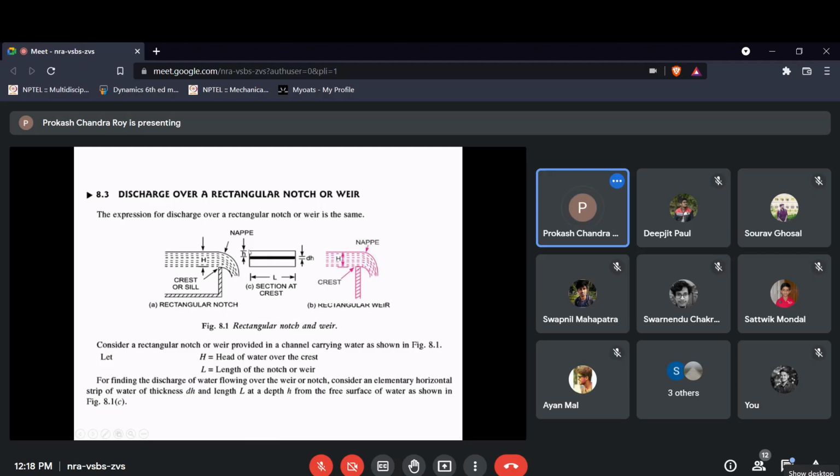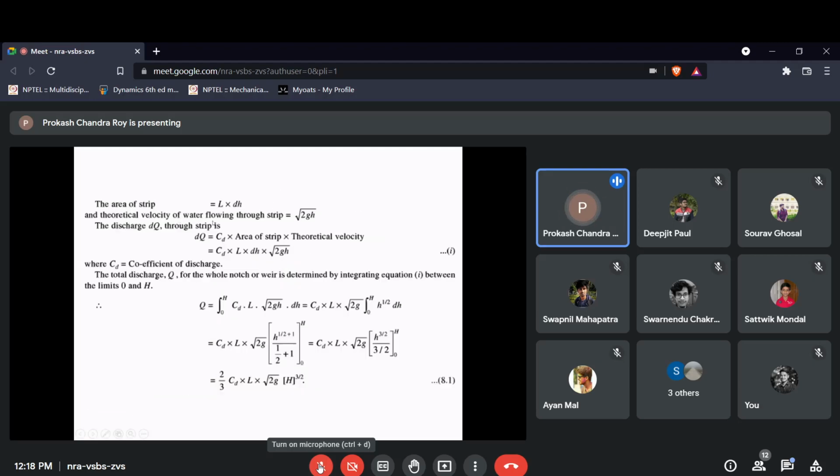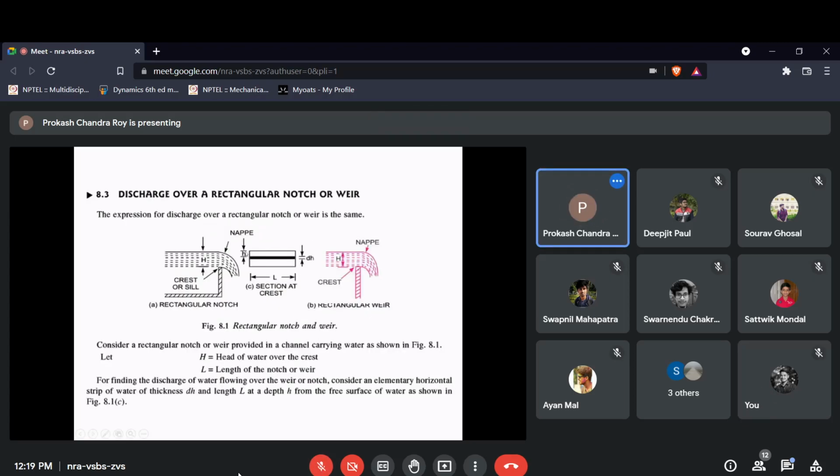Due to this height, water will come out through this very thin strip with a certain velocity, and that is directly proportional to the root over H. The initial velocity is not zero when the water passes through the strip; the final velocity here is basically root 2gH. Yes, that is coming out. Basically you have height H here, and this is the free surface.